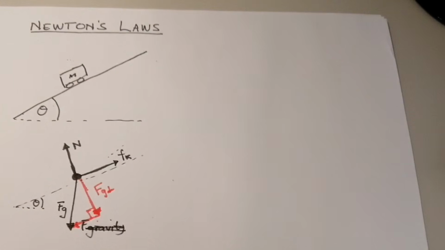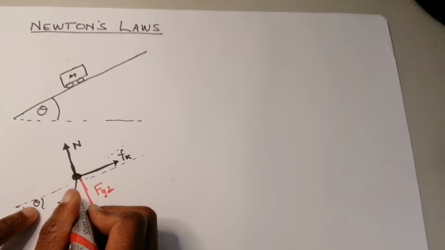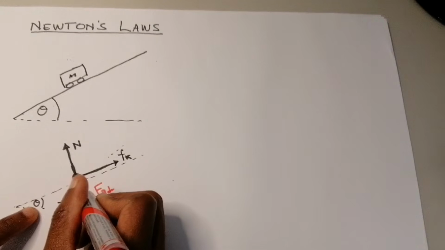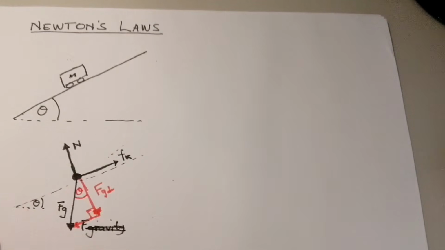Now, ladies and gents, I can prove to you through geometry that this angle here, I just want you to remember this: if the angle here is theta, then the angle inside that triangle should also be theta. If you want me to prove that, I can, but I didn't want to waste a lot of time on it.